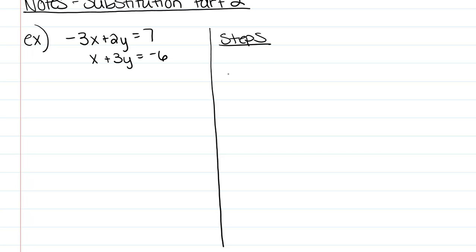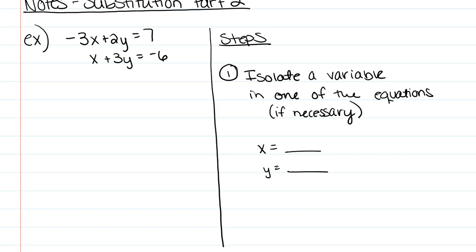Okay, so step 1. I'm going to need to isolate a variable in one of the equations. All right, so isolating the variable, what I mean by that is get one of the equations to be x equals blank.